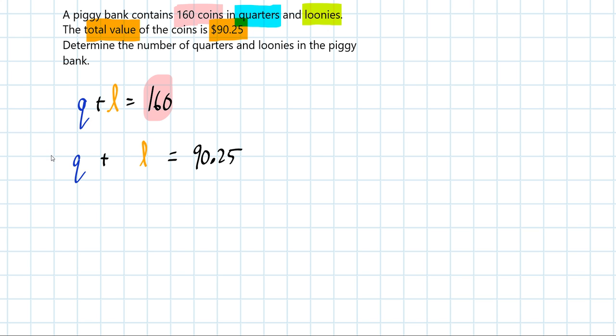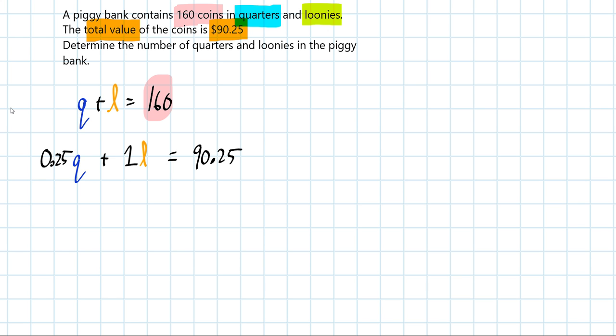Each quarter is worth 25 cents, 0.25. And each loonie is worth $1, so 1.00, or just 1. So this is 25 pennies, a quarter of a dollar, times a quarter, plus this is 100 pennies, or $1, 1 loonie.